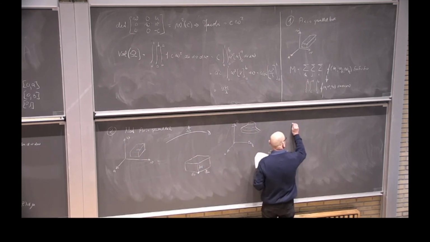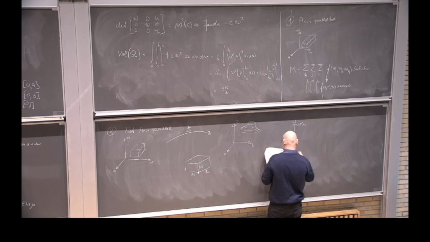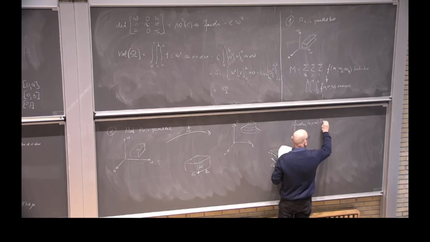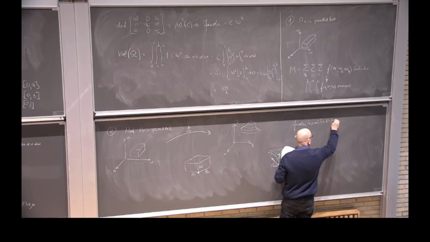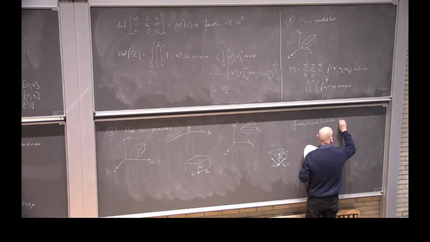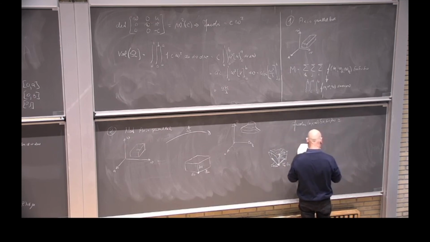So what you end up with is that you have the Jacobi function, a function of u, v, w.